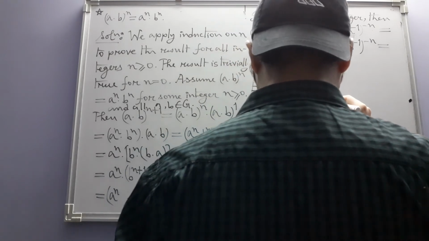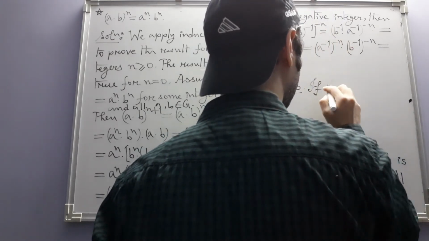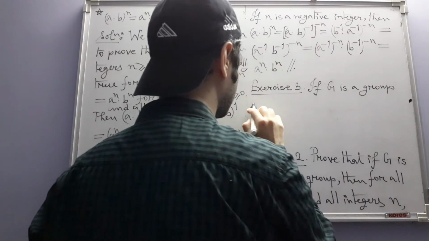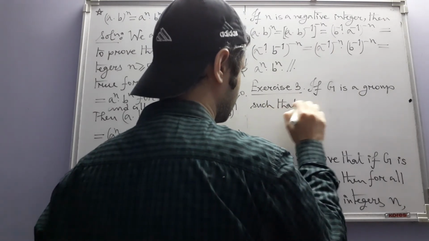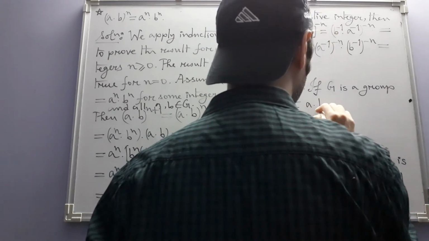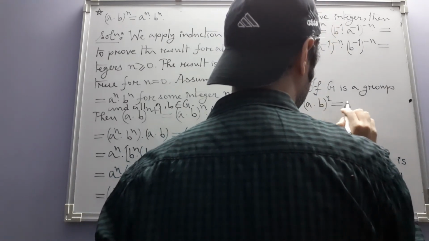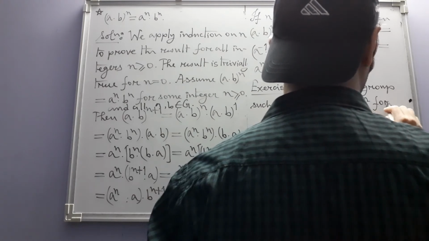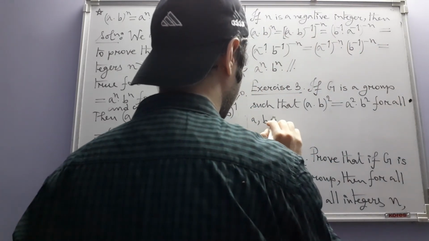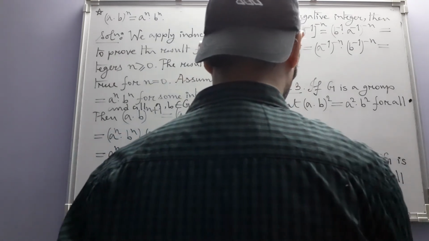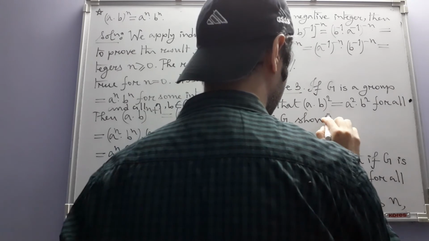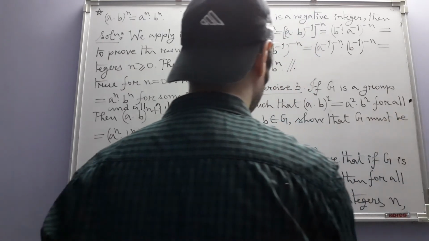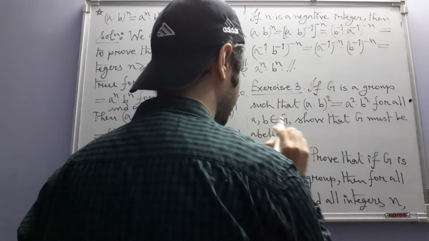If G is a group such that a dot b whole square is equal to a square dot b square for all a and b belonging to G, then show that G must be abelian.